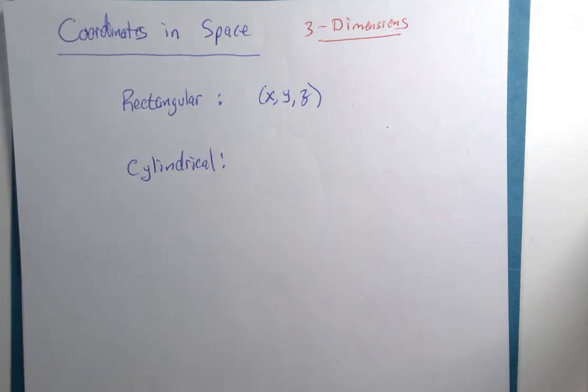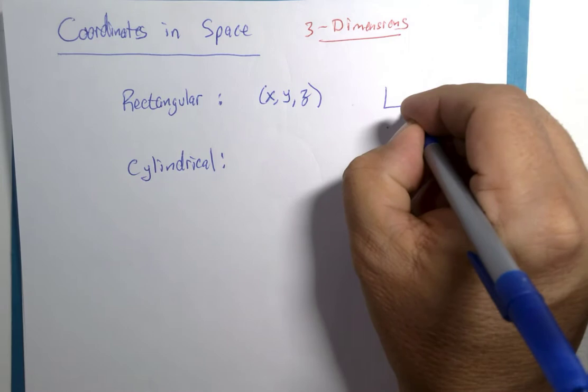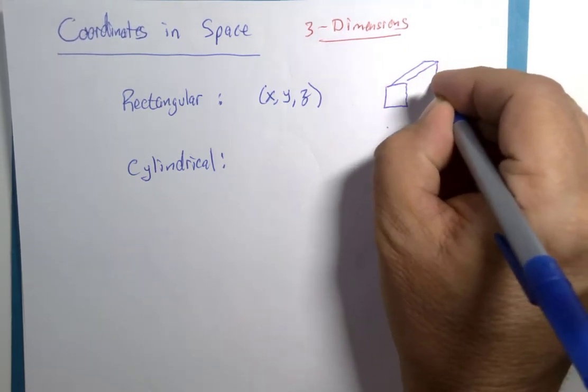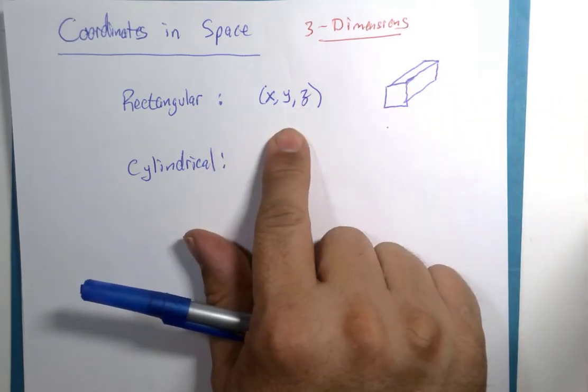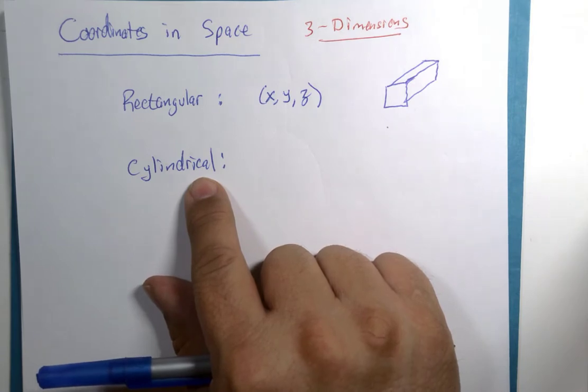So cylindrical coordinates would be more useful in space if you had certain shapes that would play to its advantage. So the name usually gives it away. In space, if the shape looks something like this, it's a cylinder, like the circular cylinder you knew recently.